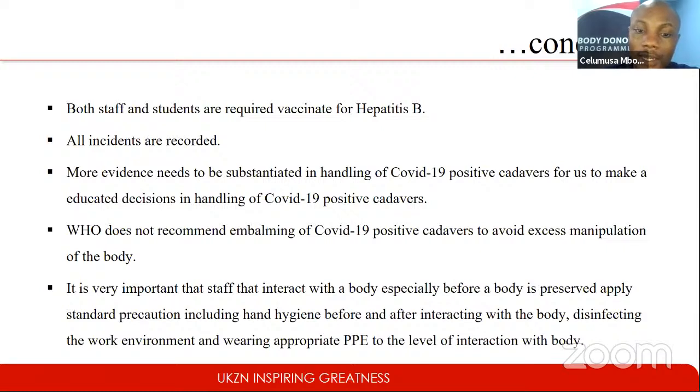That includes hand hygiene before or after interacting with the body, disinfecting the work environment, which includes the equipment and the door handles and all the equipment that is used in the labs, and also wearing appropriate PPE to the level that they are interacting with the body. I thank you.